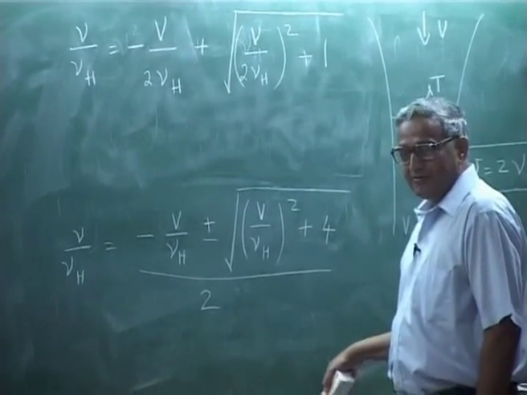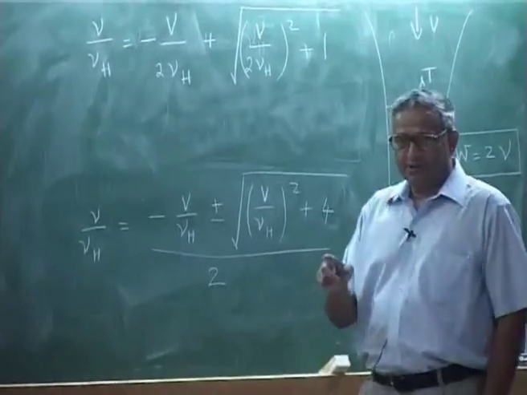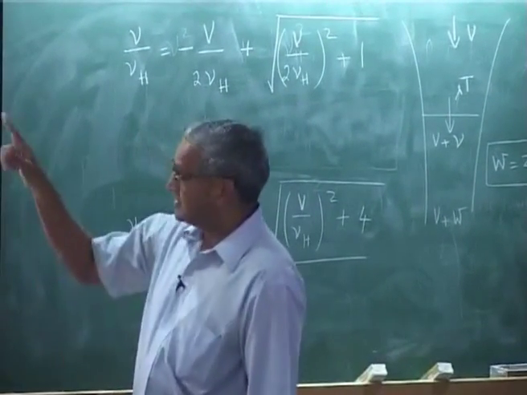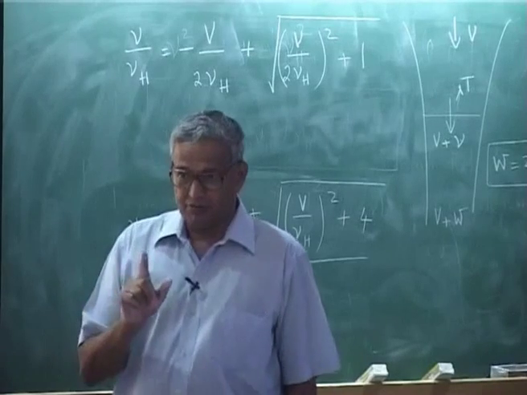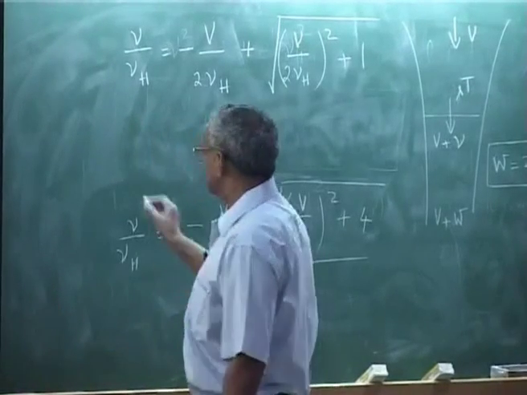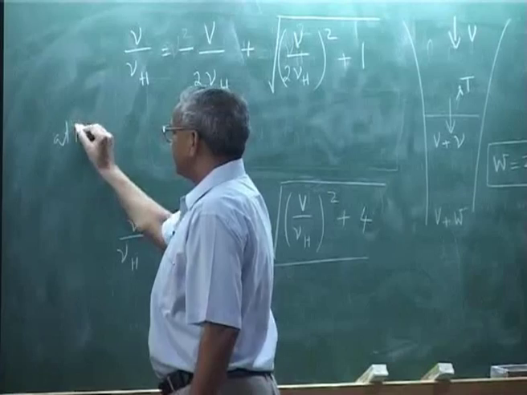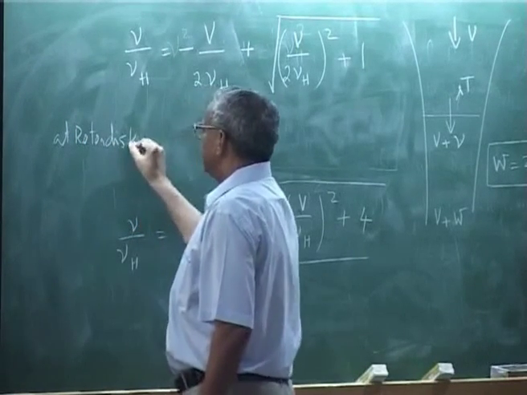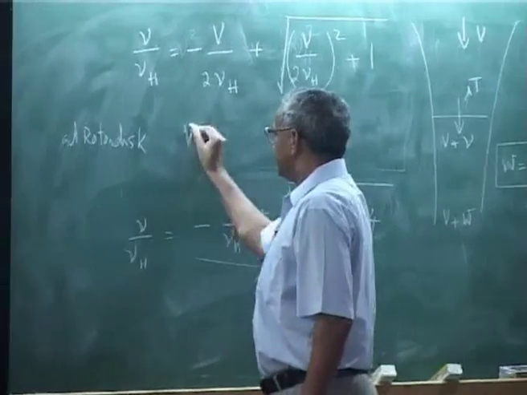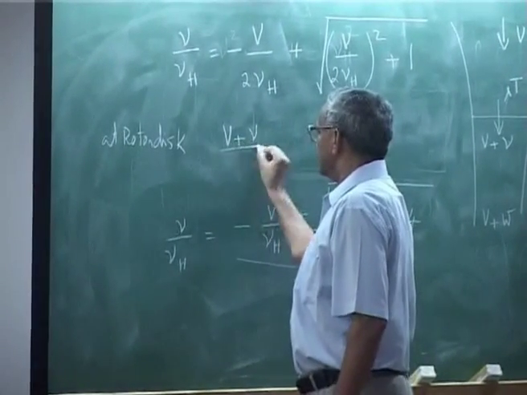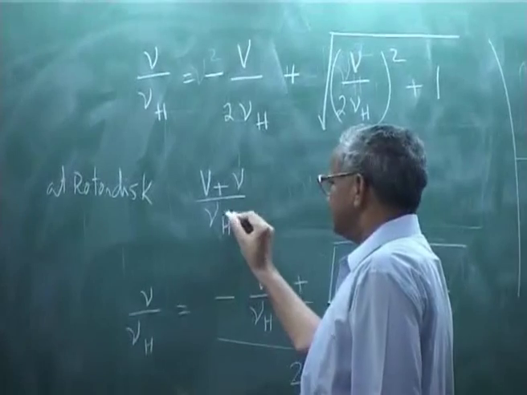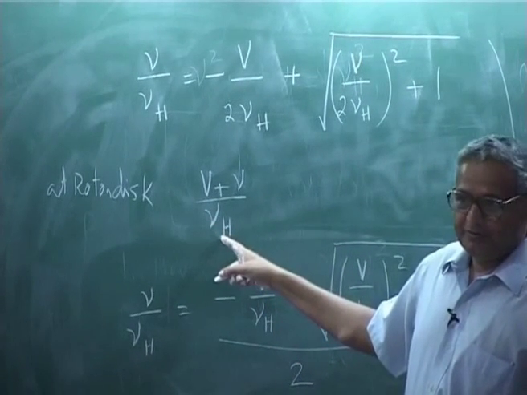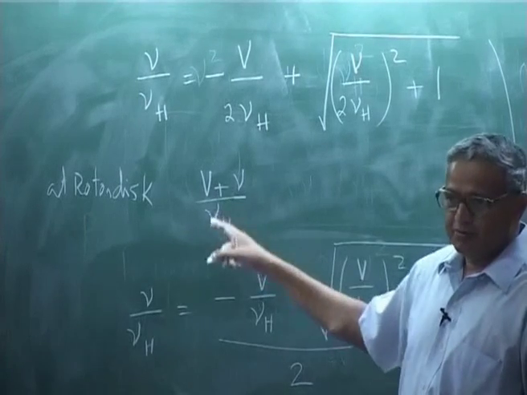Now, if I want the net flow at the rotor disk, that is V plus nu. So, at rotor disk, my flow is V plus nu over nu H, non-dimensional, because I am adding V plus nu H, V over this value.